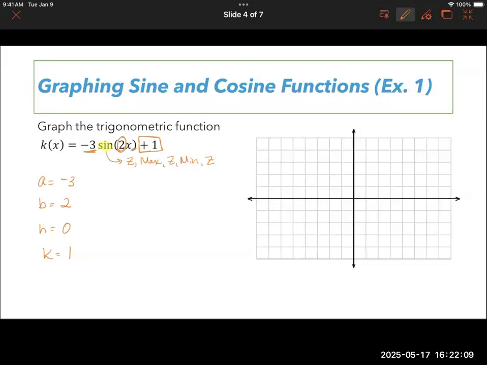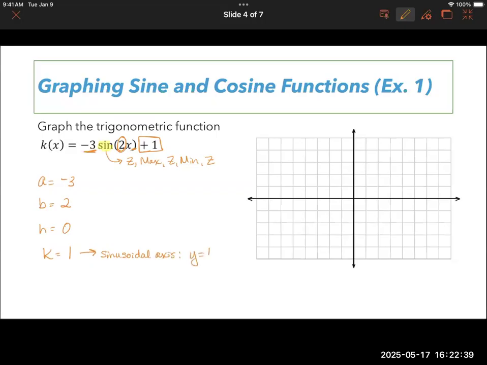Okay. All right, so with those values, here's kind of the order that I would recommend that you identify things. It can vary a little bit depending on your function that you're trying to graph. First, based on your k value, determine your sinusoidal axis.